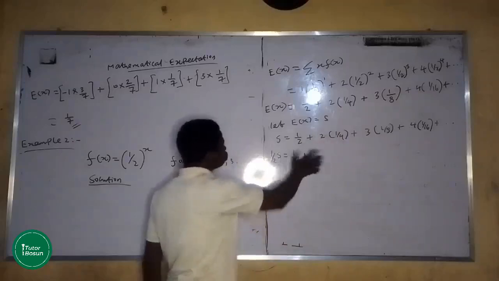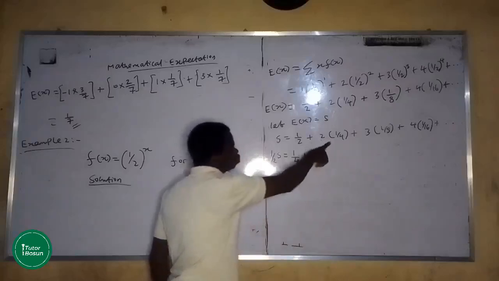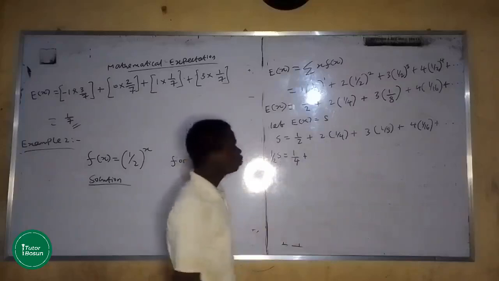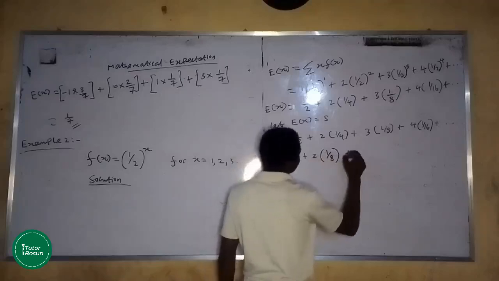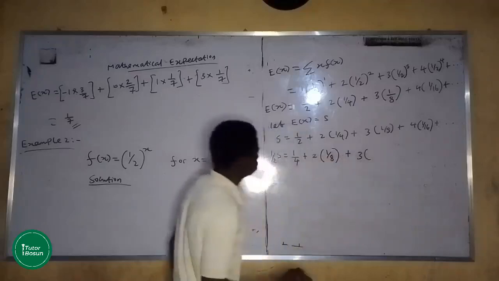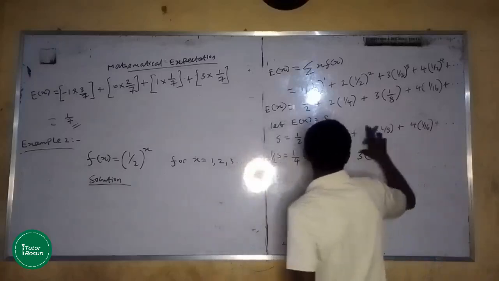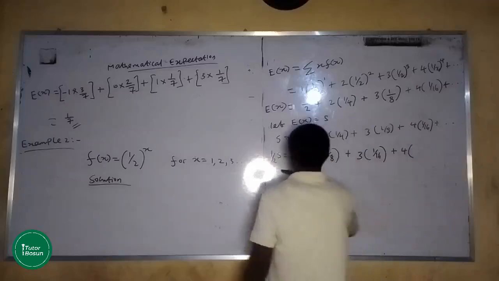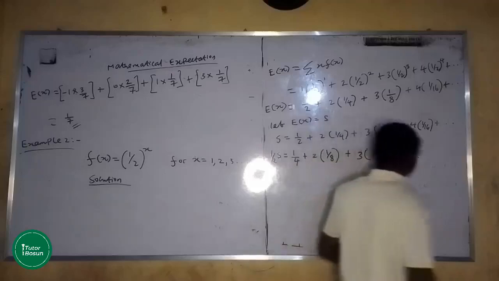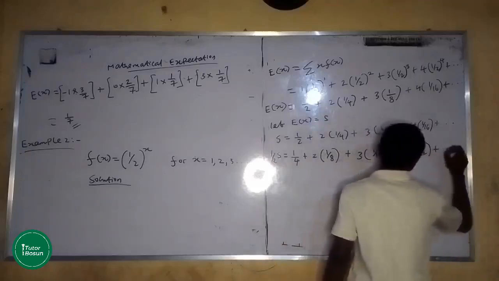So 1 over 2 multiplied by 2 into 1 over 4 gives us 2 into 1 over 8. Then 3 into 1 over 2 times 1 over 8 gives us 3 into 1 over 16, and 4 into 1 over 2 times 1 over 16 gives us 4 into 1 over 32, plus triple dot.